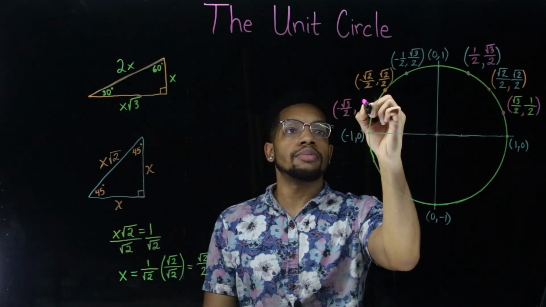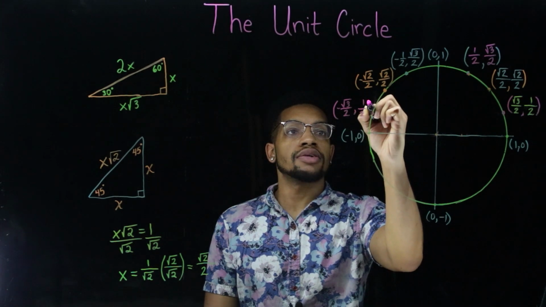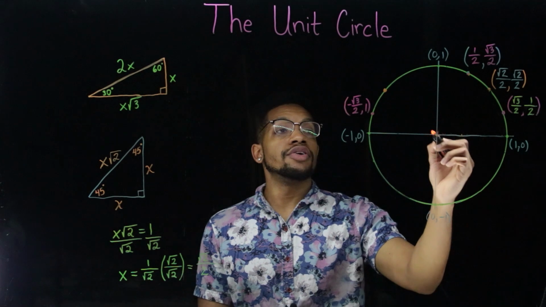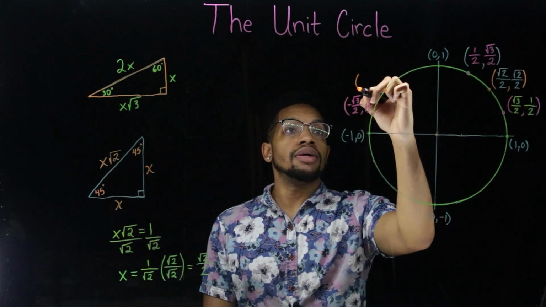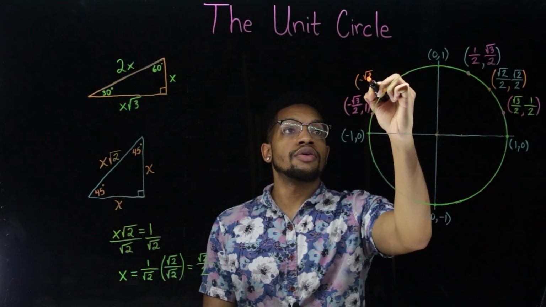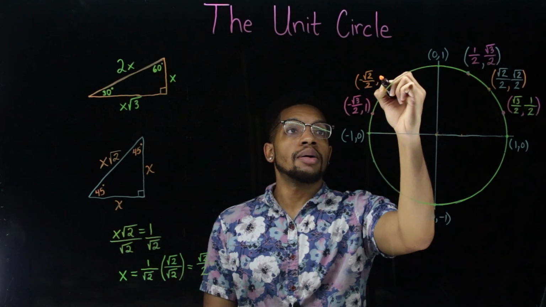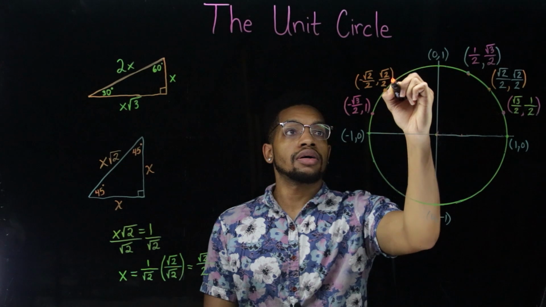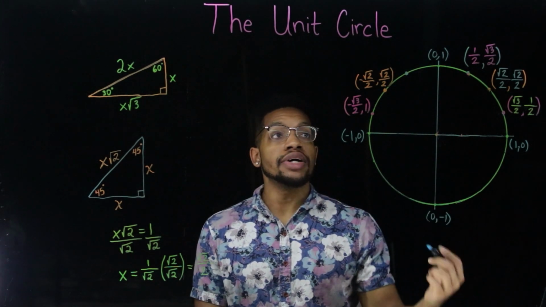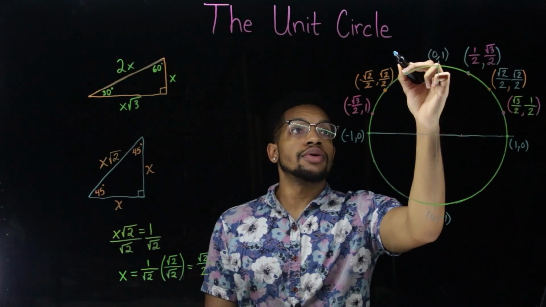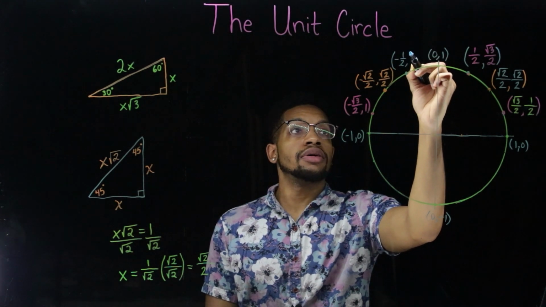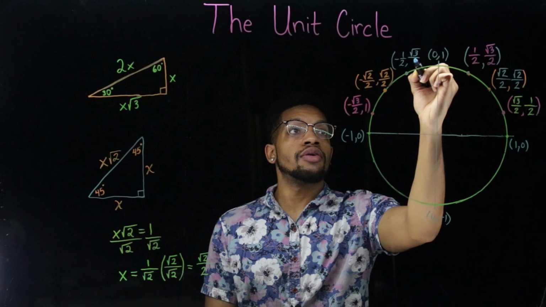And then since we're going up, that 1/2 is still going to be positive. And then for the 45-degree angle point, it will be negative square root of 2 over 2, comma, positive square root of 2 over 2. And then for the 60-degree angle, again, the x coordinate is negative, so that's going to be negative 1/2, comma, positive square root of 3 over 2.